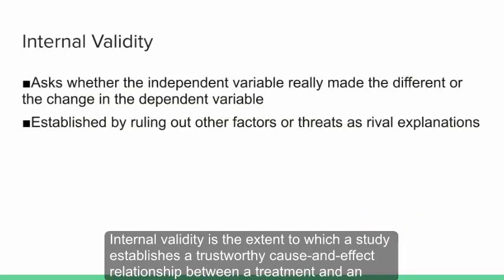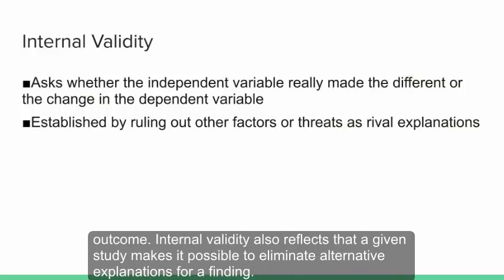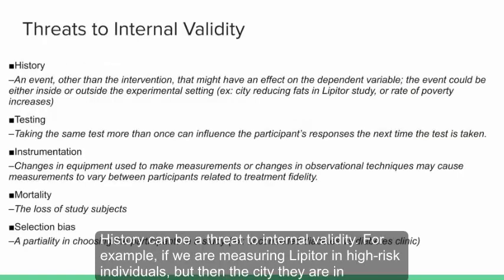Internal validity is the extent to which a study establishes a trustworthy cause and effect relationship between a treatment and an outcome. Internal validity also reflects that a given study makes it possible to eliminate alternative explanations for a finding. History can be a threat to internal validity.